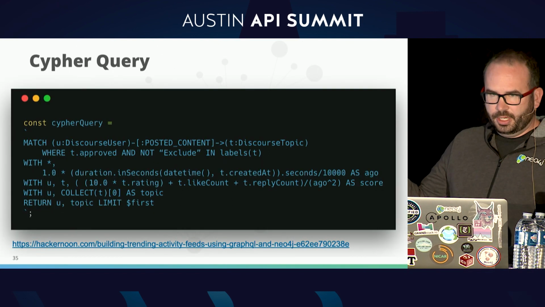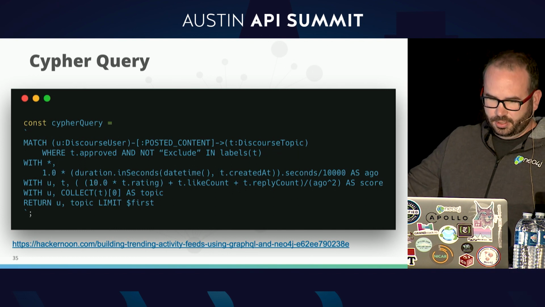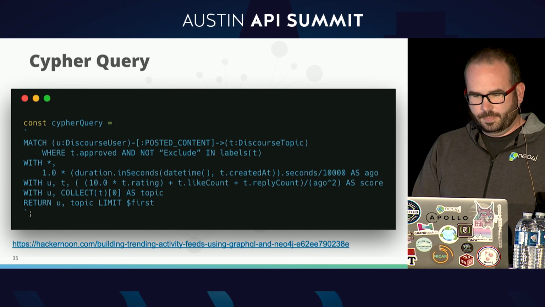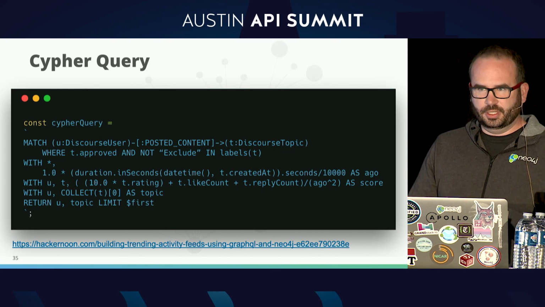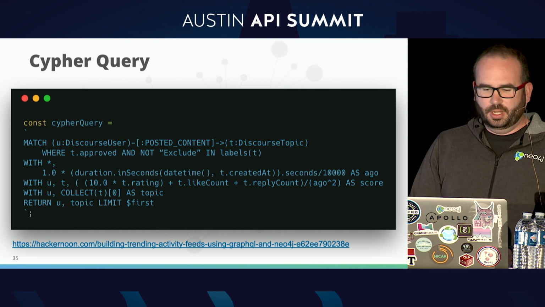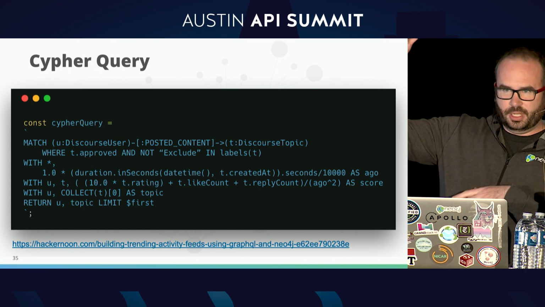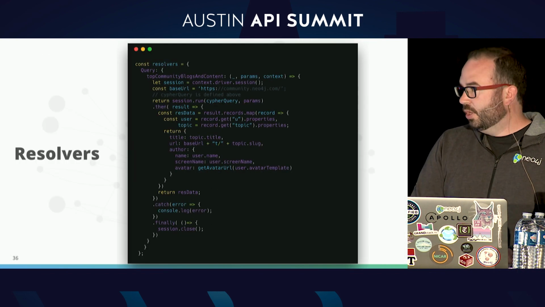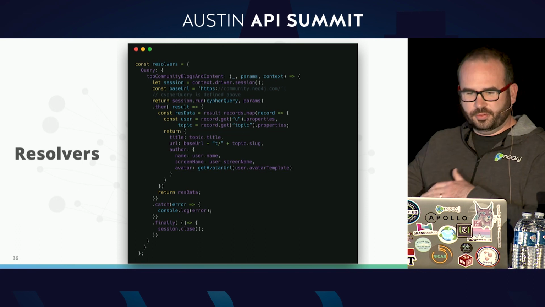In this case, we're going to query a Neo4j database. Here's the Cypher query that we use. This is implementing an exponential time decay function that a lot of these rating sites like Hacker News and Reddit use, so that new things that get voted up pop up early and then slowly drop off the activity feed. So here's our full resolver.